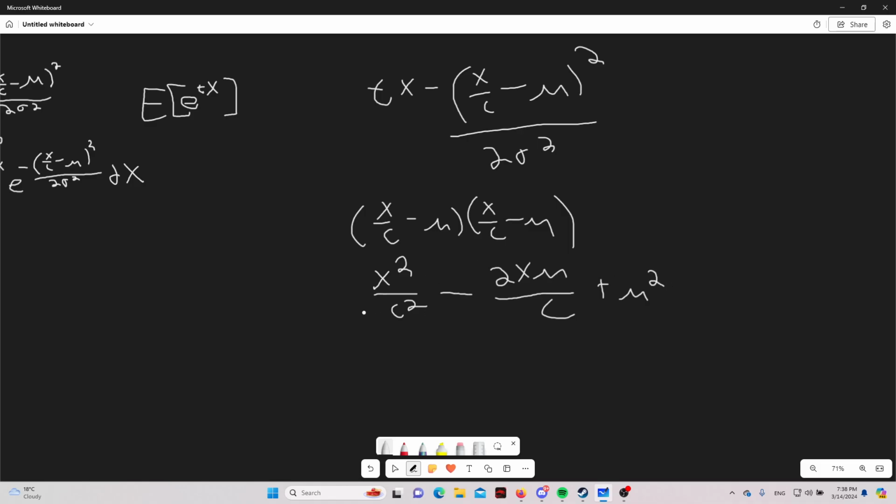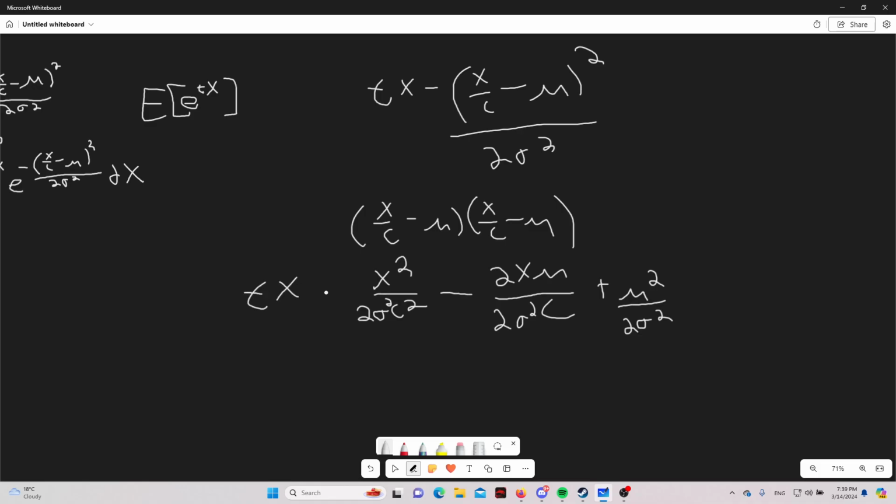And again, this is all over 2 sigma squared, so I'll just write it like this. This is 2 sigma squared c squared, 2 sigma squared c, 2 sigma squared. And then at the end we have tx over here.